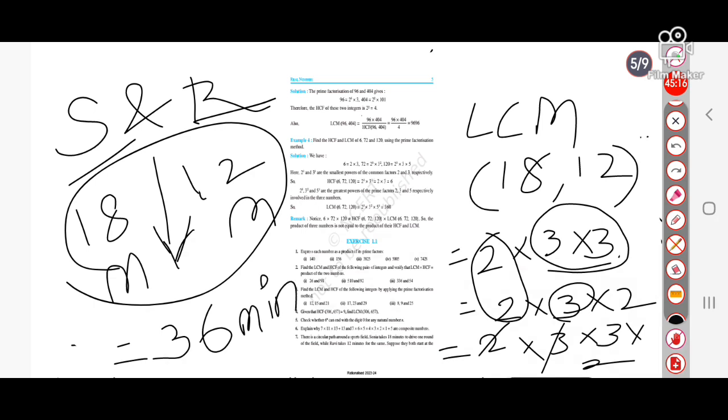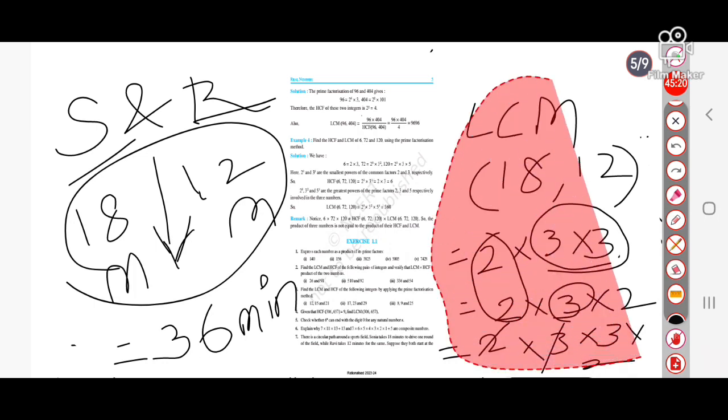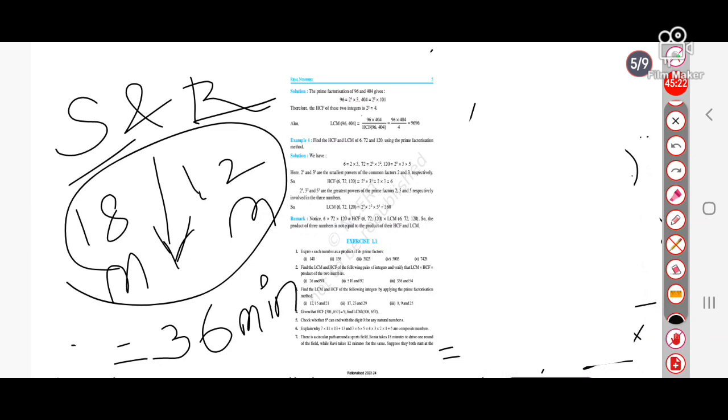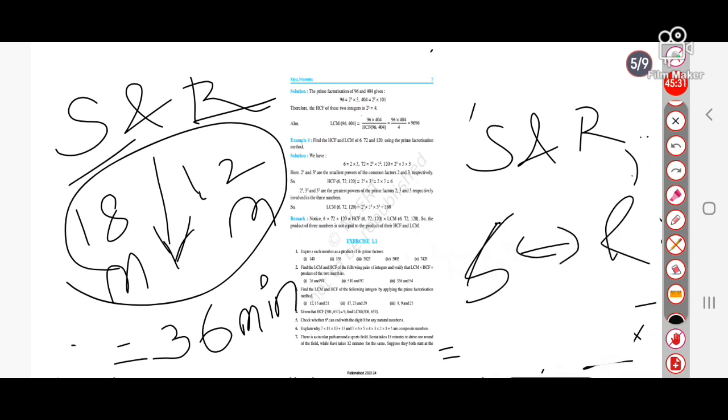After starting, after 36 minutes, Sonia and Ravi will meet each other at the starting point. Yes, so this exercise is completed.